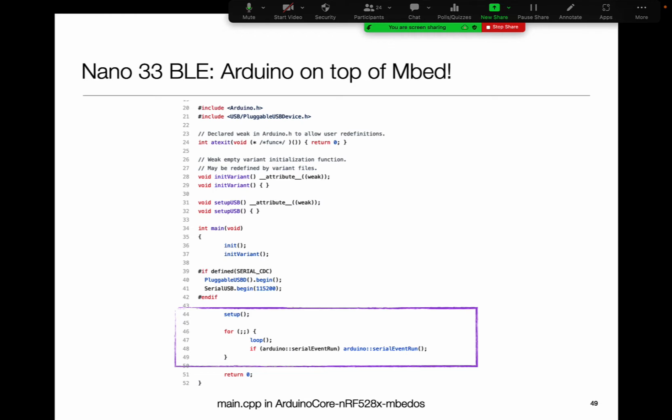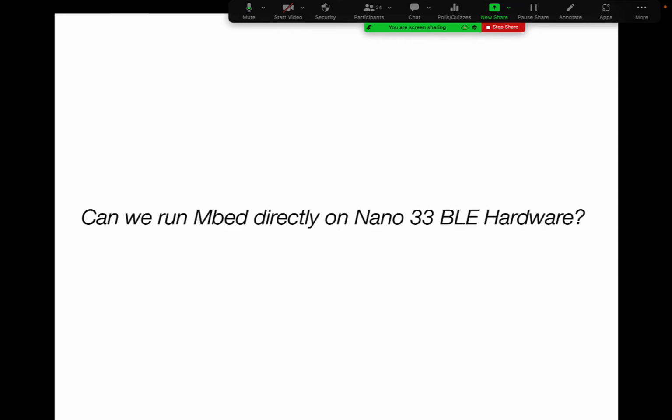There is a setup, and then an infinite loop in which it calls the loop function that the user provides, and then continues to loop back. What Arduino does on top of Embed is modify the Embed startup routine in order to run this. So essentially Arduino just becomes a thread inside Embed. That's the straightforward thing.